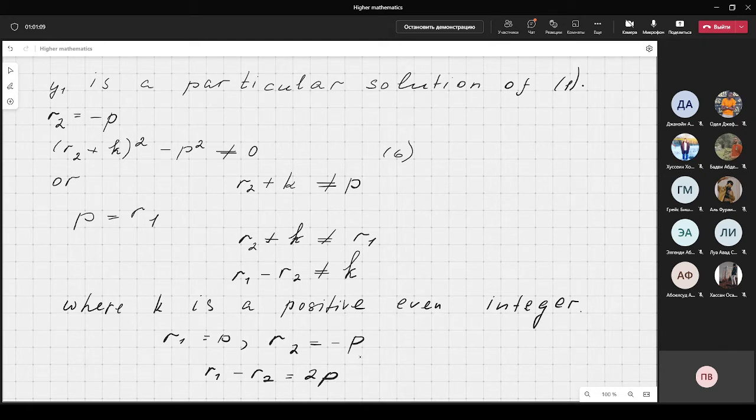Thus, if p is not equal to an integer, it is possible to write a second particular solution that is obtained from expression 5 by substituting minus p for p.